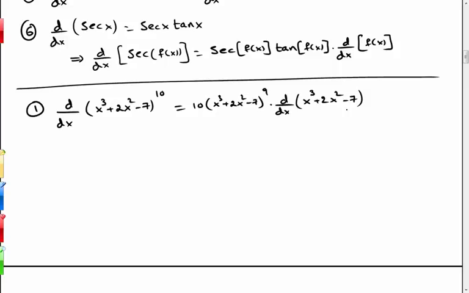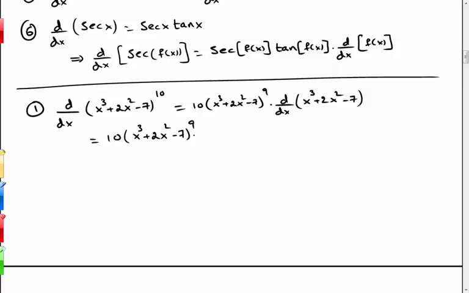So always, to me, this gives more clarity. Alright, so in the next step we will say this equals 10 times x cubed plus 2x squared minus 7, the quantity raised to 9.